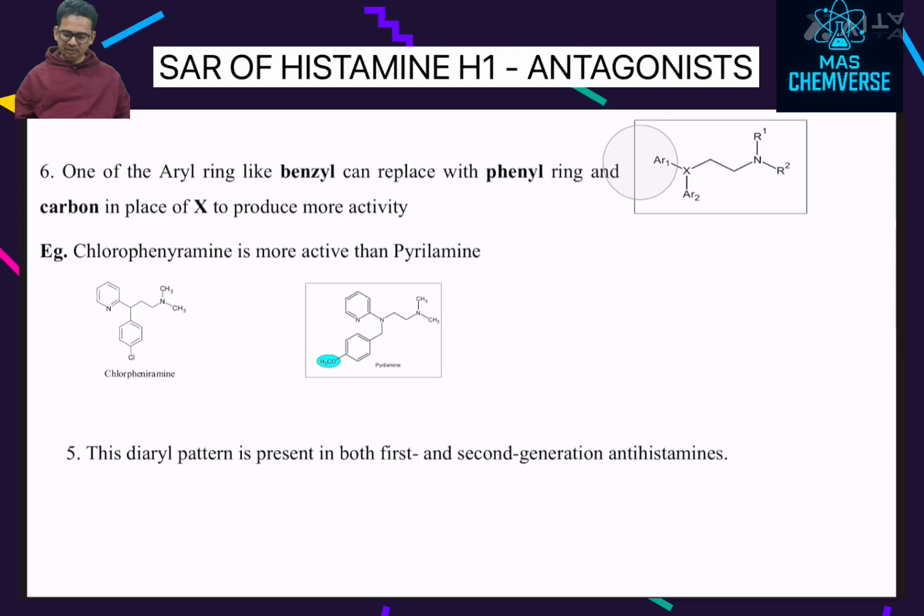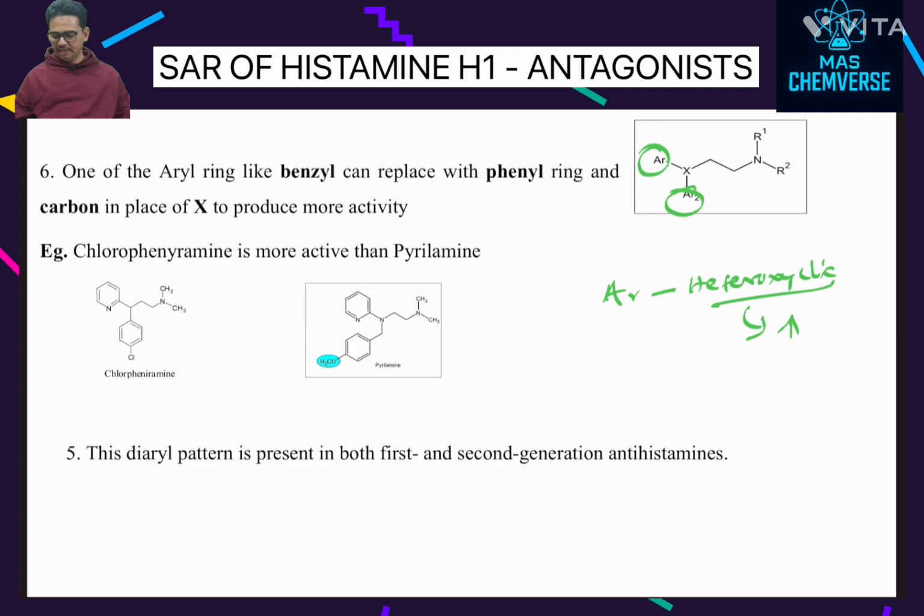First, what I told: AR1 and AR2 both have an aromatic ring. Of these, one AR should be heterocyclic, meaning it has heteroatoms in that ring. Heterocyclic atoms always increase the activity.